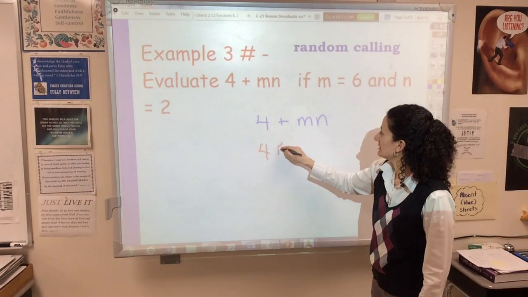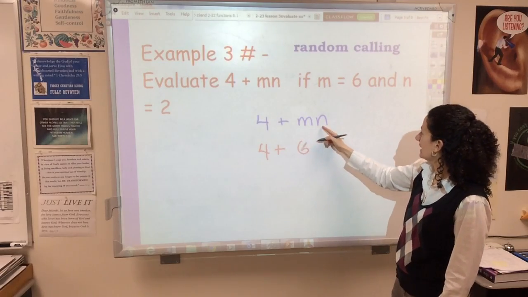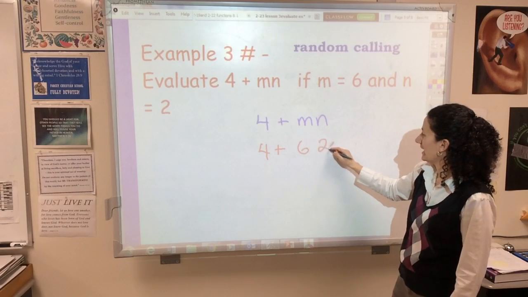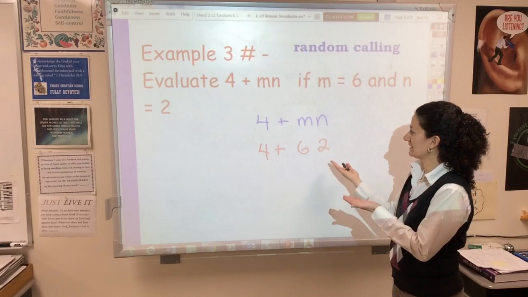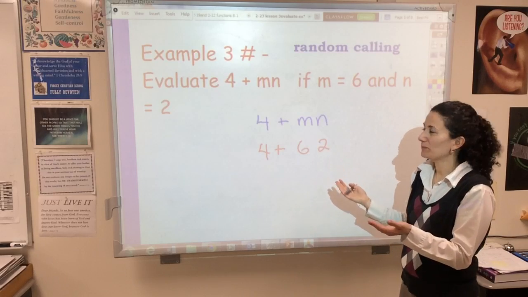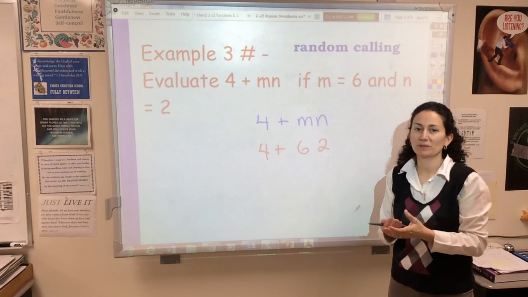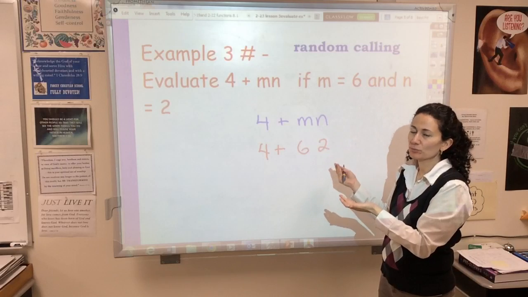So, when I go to do my substituting, watch how I do this. 4 plus, it tells me m equals 6, so I'm going to put 6. It tells me n equals 2, so I'm going to put a 2 in for n. But be careful. You might misread this as 62. That's not what that means. Two variables next to each other means multiplication. So I need to put some symbol in here to tell me to multiply.